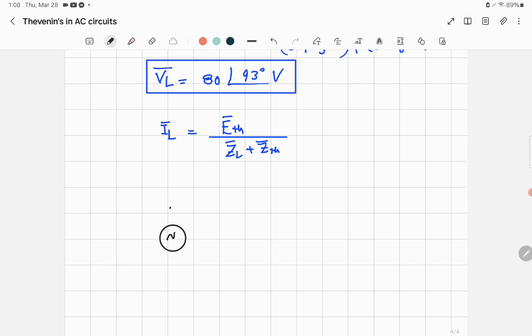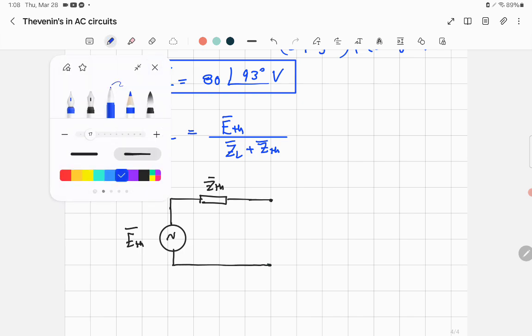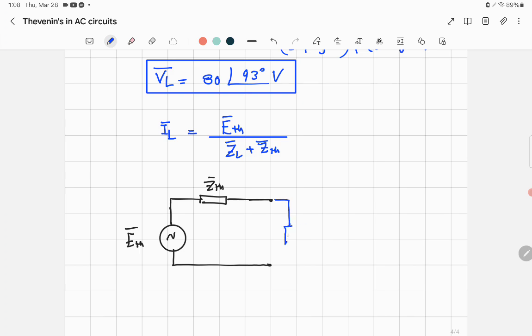We did that before in DC, but now we are dealing with Z. We have Z Thevenin, we have E Thevenin, and we need to select a specific impedance for the load in a way to deliver here the maximum power. All right.